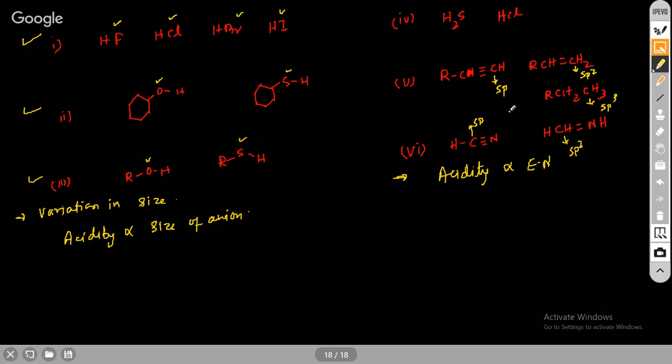Conjugate base we get after losing H plus. So if the conjugate base is stable, the tendency to lose H plus ion will be more, and that's why it is a more acidic compound. More stable the conjugate base, more will be the acidity of that compound. This is the one thumb rule you should keep in mind.